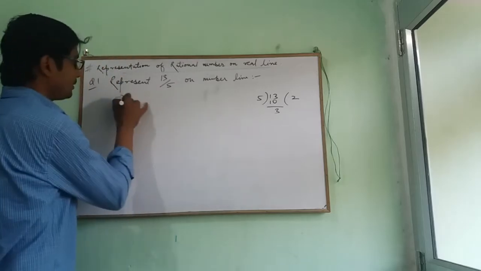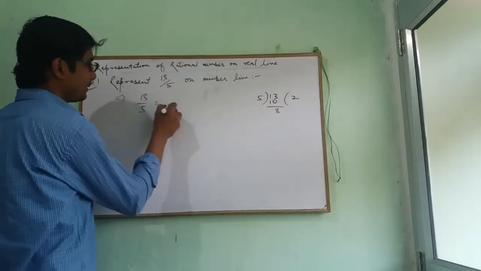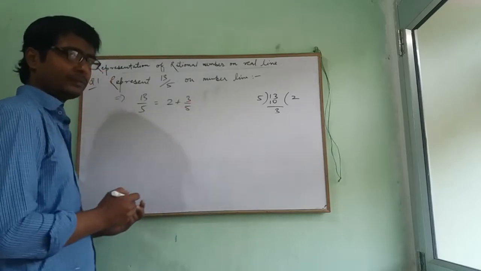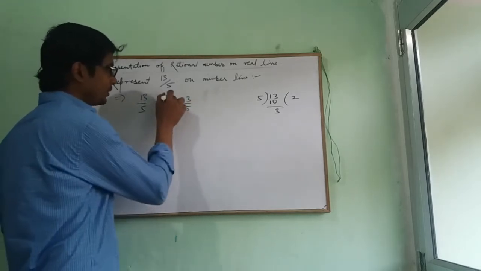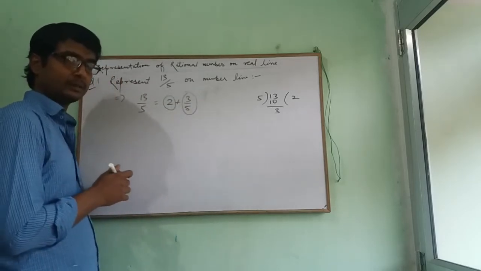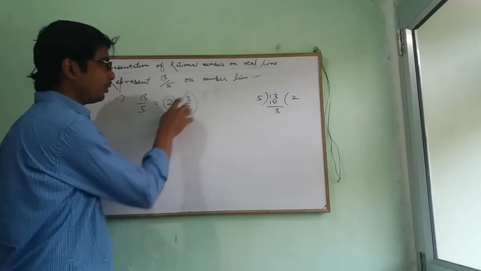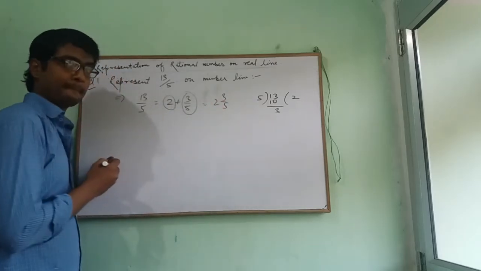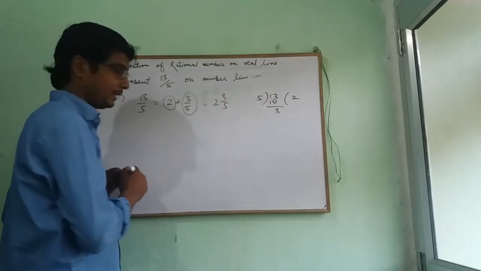So I may write 13 by 5 as 2 plus 3 by 5. 2 is my whole part and 3 by 5 is my fraction part. So I have to represent 2 whole 3 by 5 on the real line.